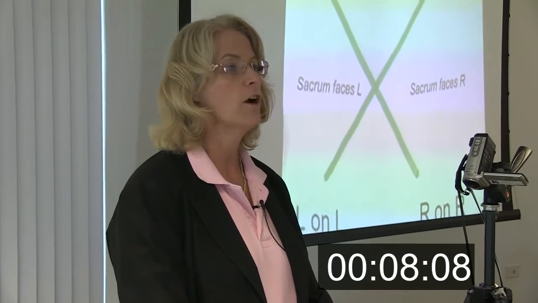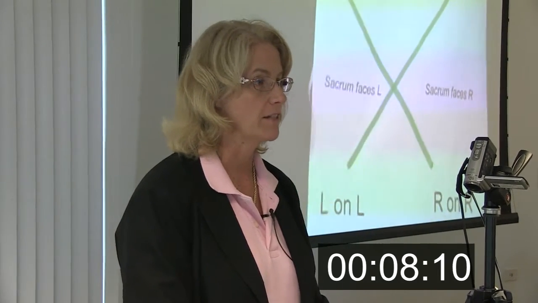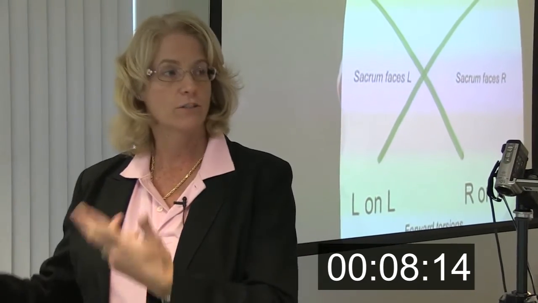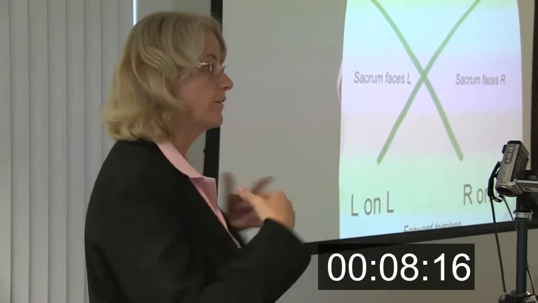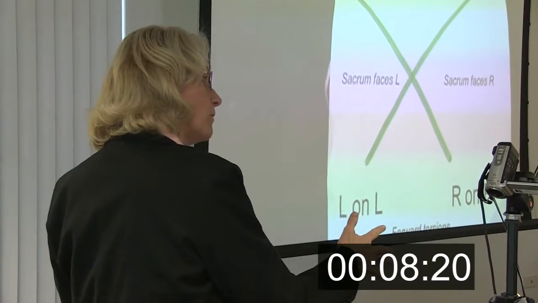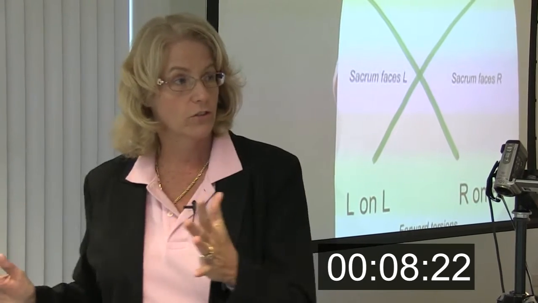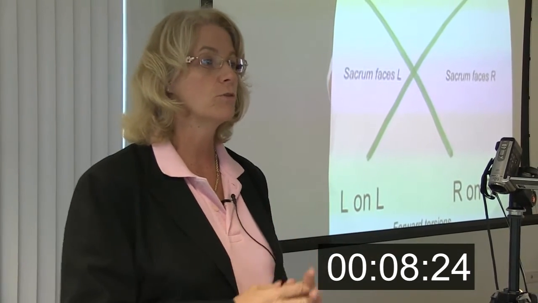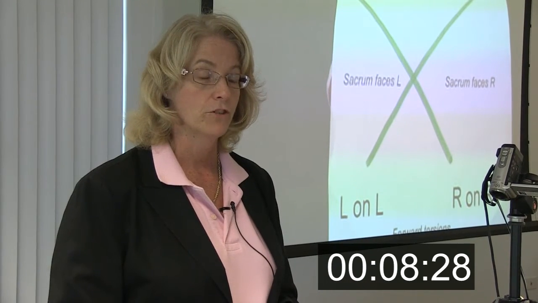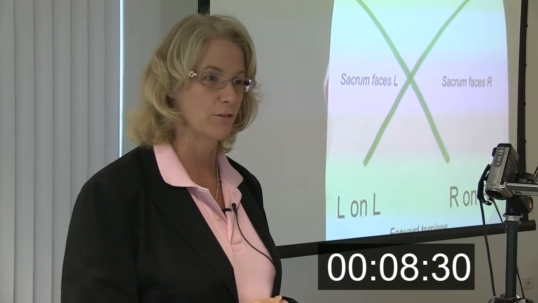Now in terms of which direction the sacrum is facing, we know that in the trunk, if the trunk faces to the right, it's right rotation. Trunk faces to the left, it's called left rotation. So we'll call it thoracolumbar rotation, even though we know most of it is thorax. There's reciprocal rotations of the lumbar spine and the sacrum, just like there are reciprocal flexion extension movements.